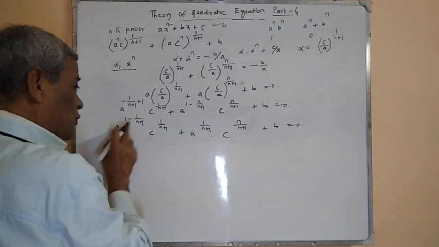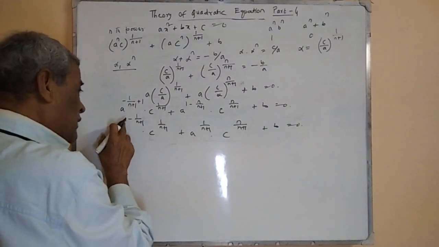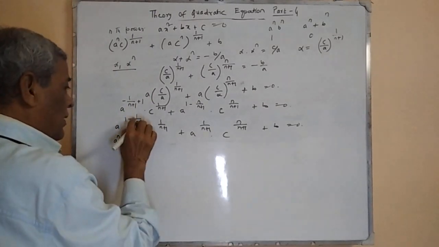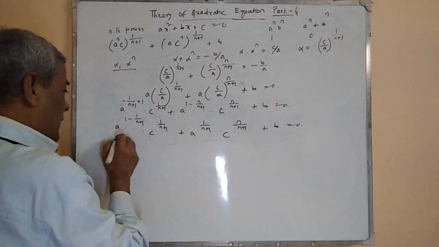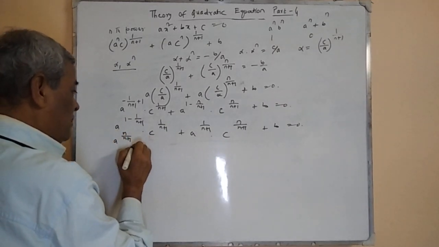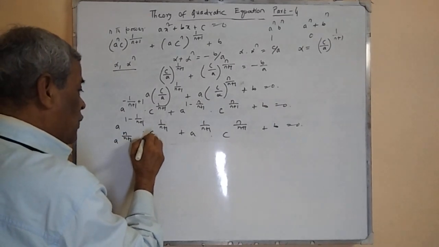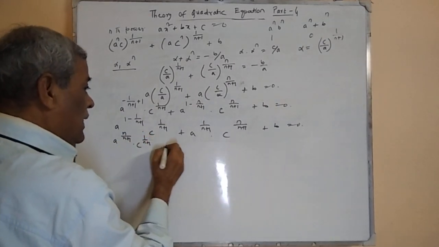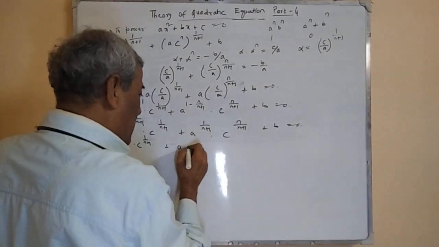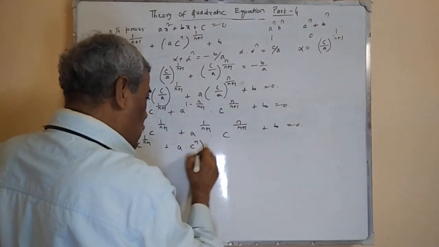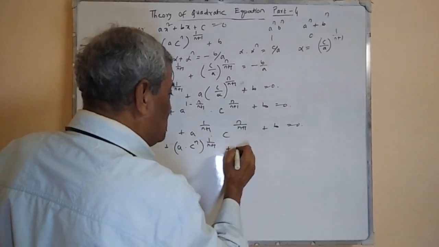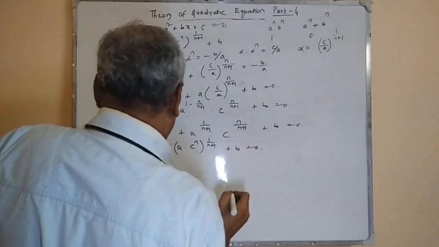So a to the power, you see, it is a to the power n plus 1 minus 1. So a to the power n by n plus 1 into c to the power 1 upon n plus 1, plus this is a into c to the power n whole to the power 1 by n plus 1, plus b is equal to 0.